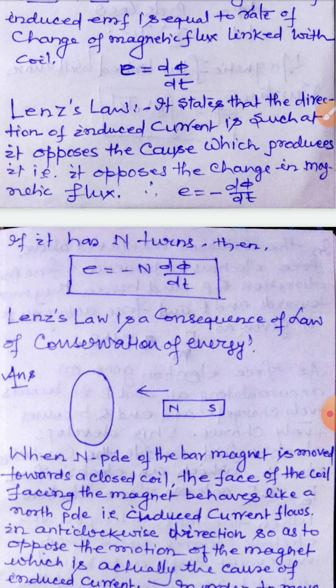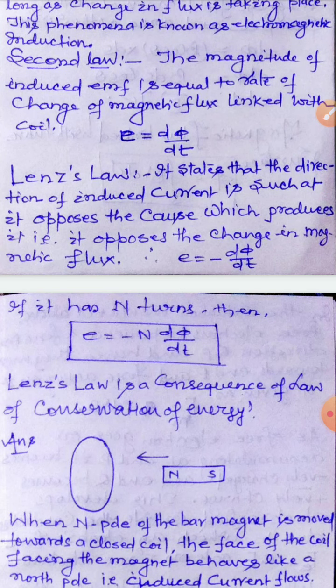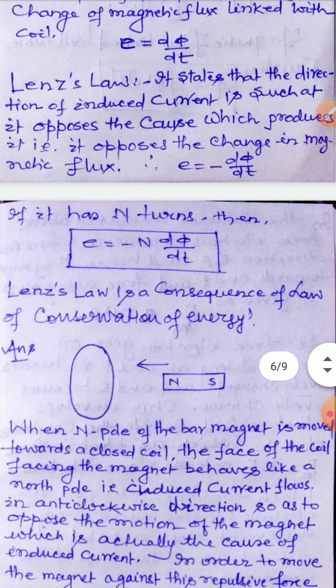So E is equal to minus d phi by dt. Here the opposing nature of induced current is reflected by the negative sign. If the coil has n turns, the EMF induced will be E is equal to minus n d phi by dt.